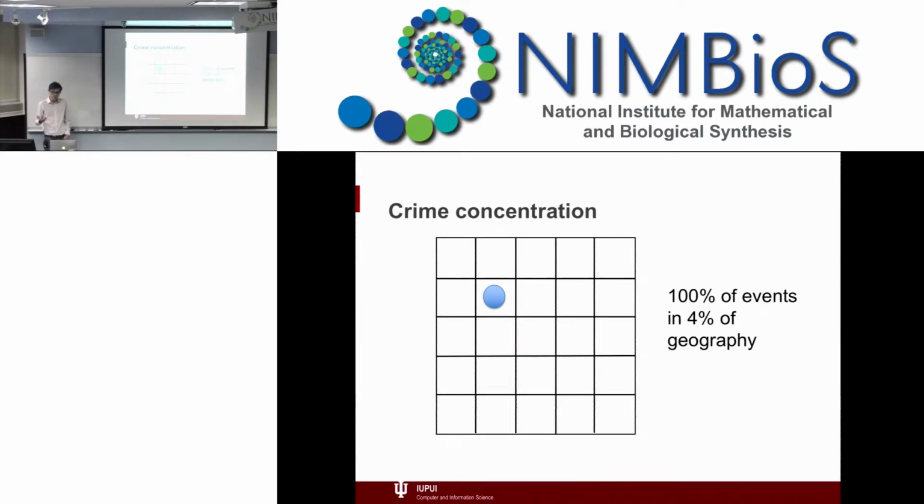At the extreme end of having limited data, this is the problem you run into: if you have one single event, and you chop up the city into maybe a grid or street segments, in this case 100% of the events is in 4% of the geography. And if I had decided, instead of using 25 grid cells, to use 10,000, then 100% of the events would have been in 1/10,000th of the geography.